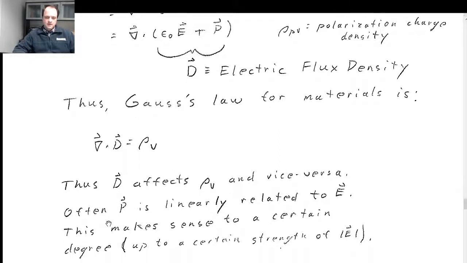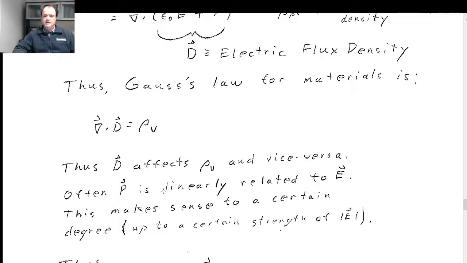Now, often P is linearly related to E, meaning that the greater the externally applied field, or actually the total field, the greater the amount of polarization of the material.